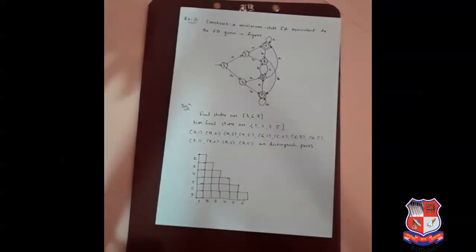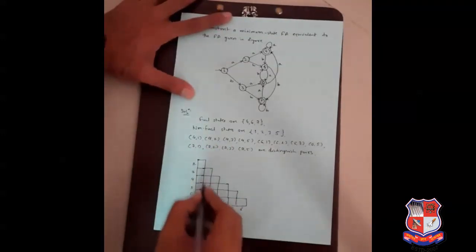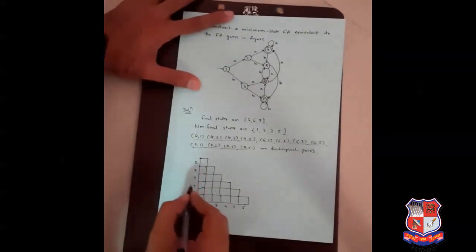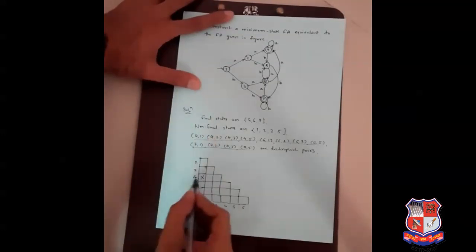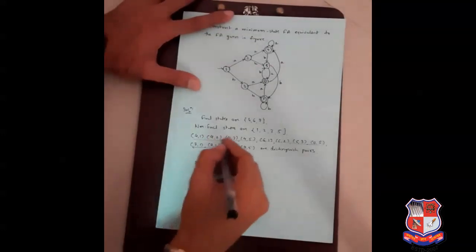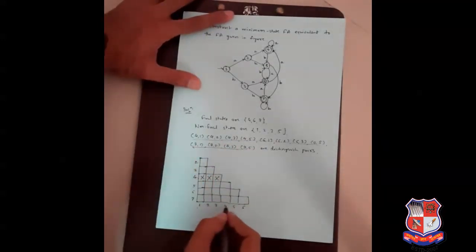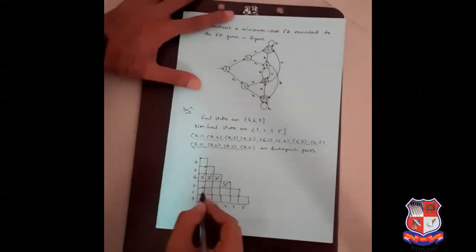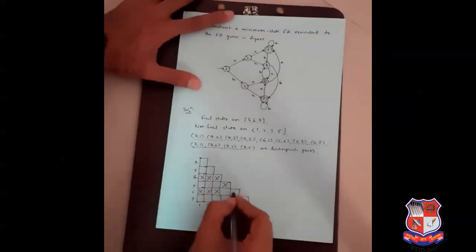So now first mark the distinguished pairs: 4 1, 4 2. Mark all these pairs in our table: 4 1, 4 2, 4 3, 4 5. Next 6 1, 6 2, 6 3, 6 5.